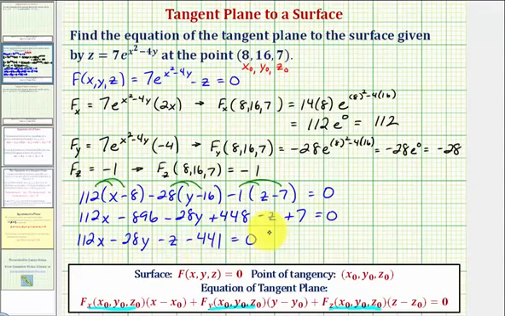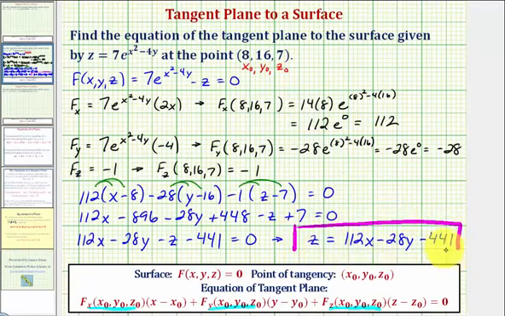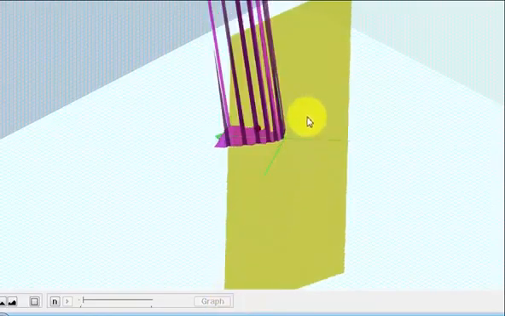Solving for z, we'd add z to both sides, so we'd have the equivalent equation z equals 112x minus 28y minus 441. So this would be the equation of our tangent plane to the surface at the given point, which again, we see here graphed in yellow.